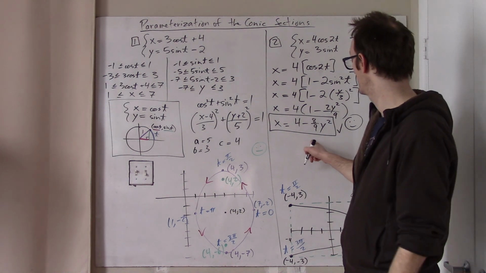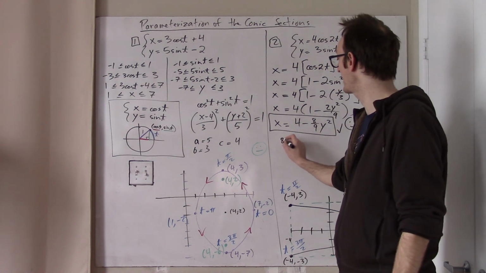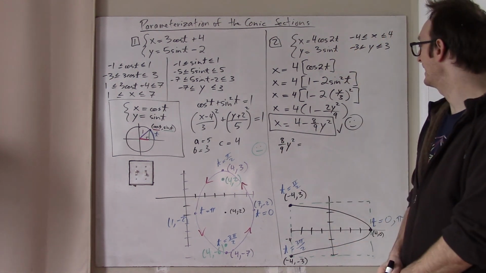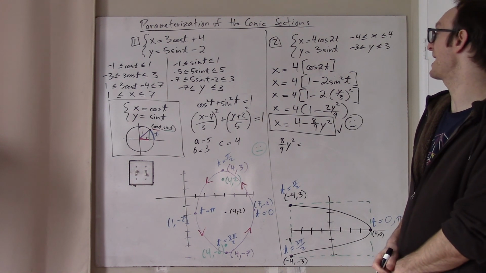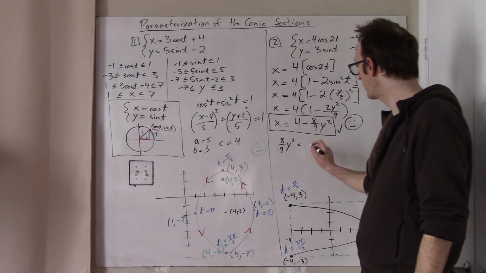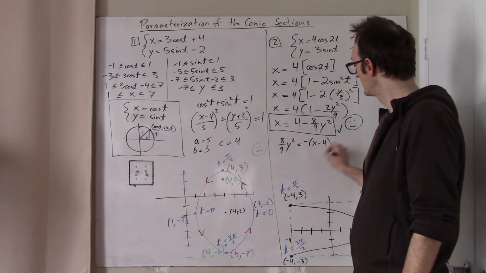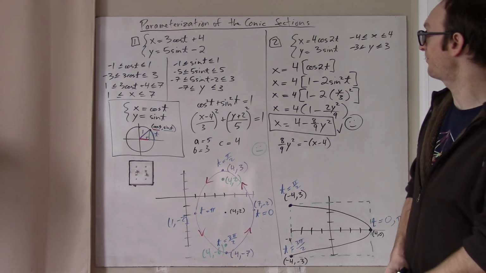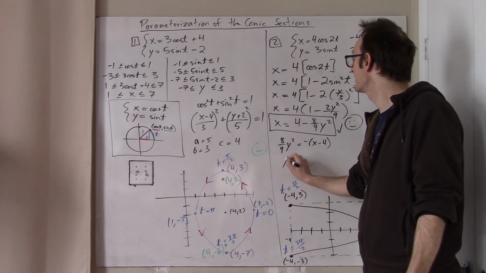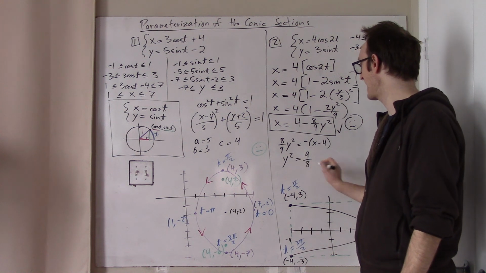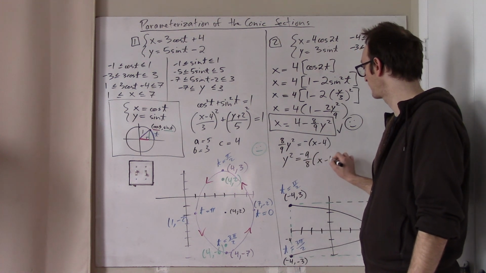We could do a little bit of algebra here and write this as 8/9 y squared equals 4 minus x. Or even negative x minus 4. And then finally I could multiply by 9/8. There's no real reason why you have to do this. So you get negative 9/8 x minus 4.